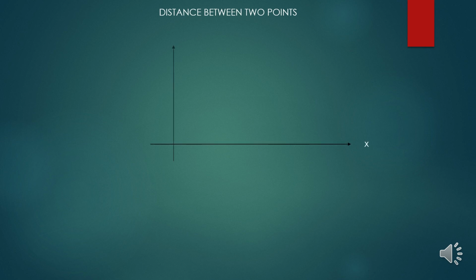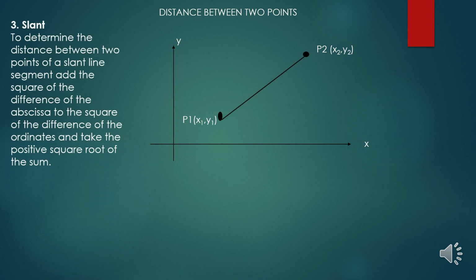Again, the x-axis and the y-axis intersect at one point, and that is the origin. This time, P1 has a coordinate of x sub 1 and y sub 1. P2 has a coordinate of x sub 2 and y sub 2. Connect P1 and P2, and we have a diagonal or slant line.